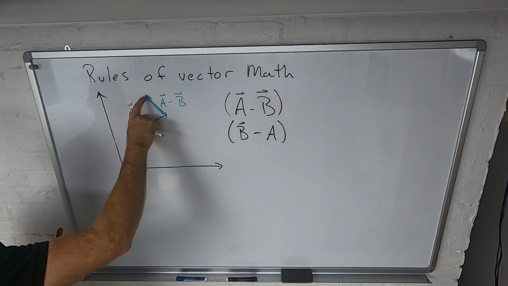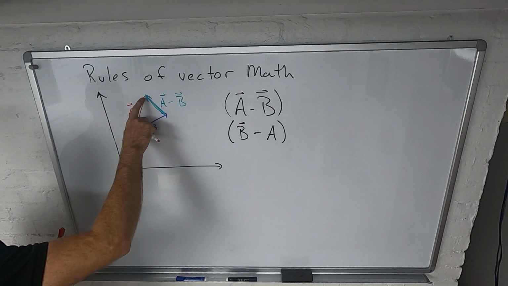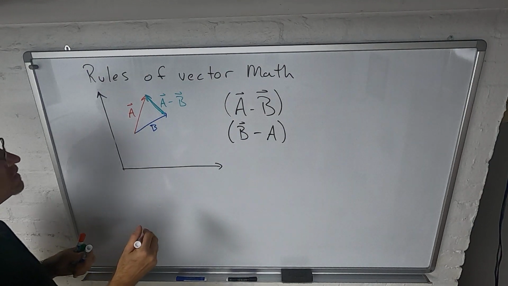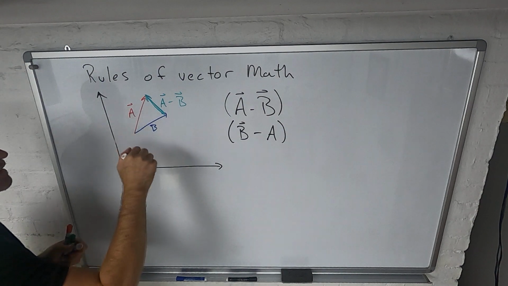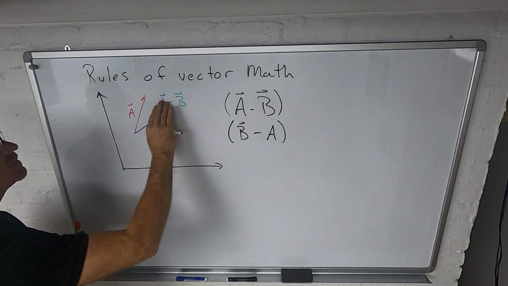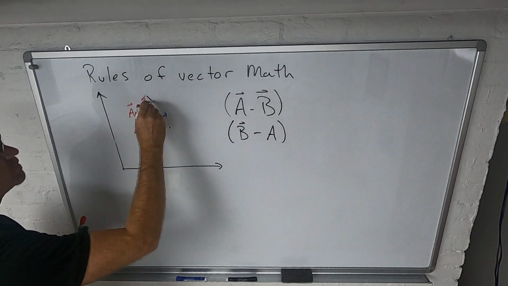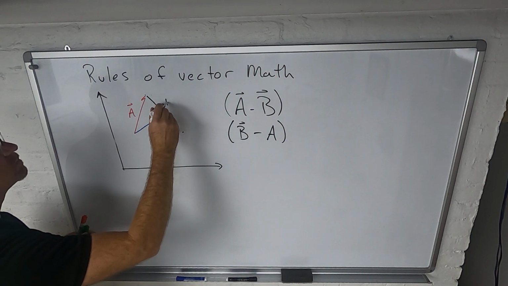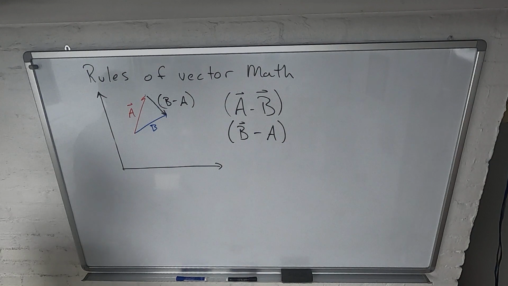Well, let's move A to B. Yes, it is the other vector. It is now this vector. Let's draw it here. As you can see, it points in a different direction.